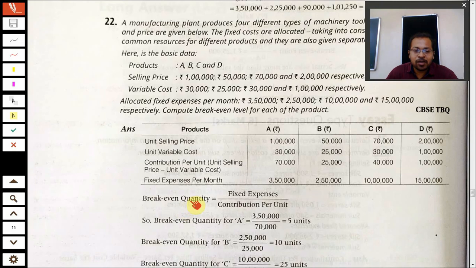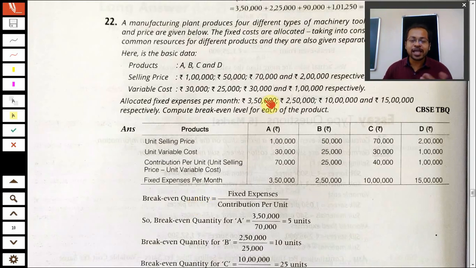So break even quantity for each item when we have the fixed cost for all the items separately. In that case we do not use the concept of weighted average. Okay, so there is no need to calculate weighted average contribution. Weighted average contribution is used when fixed cost is common or fixed cost is not bifurcated between the products.